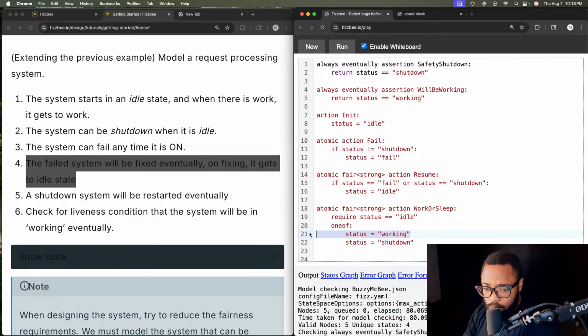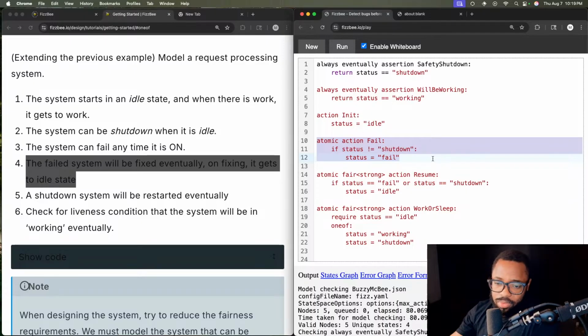Not really, because once you enter working, you can literally just stay there, because there's no fairness here. Yeah.